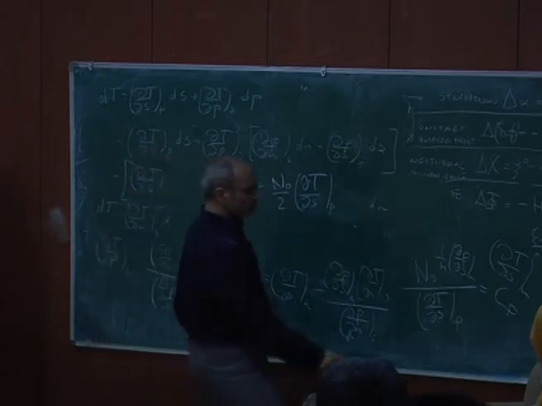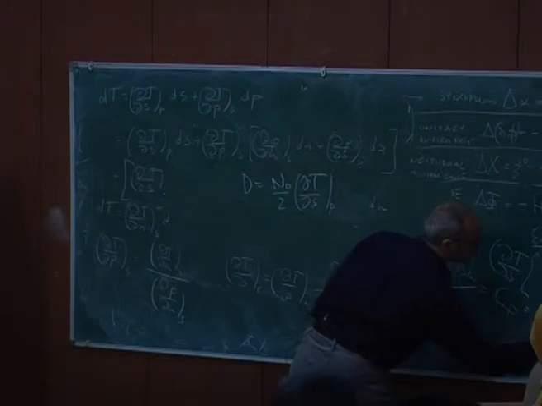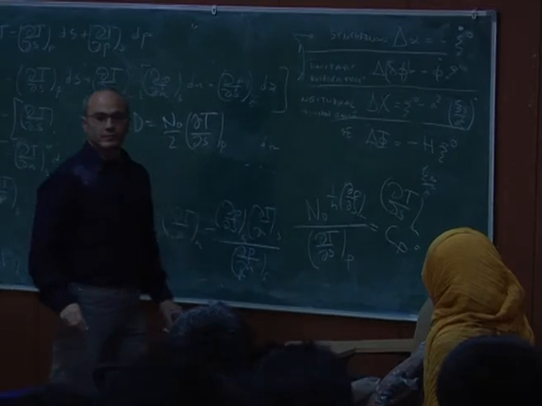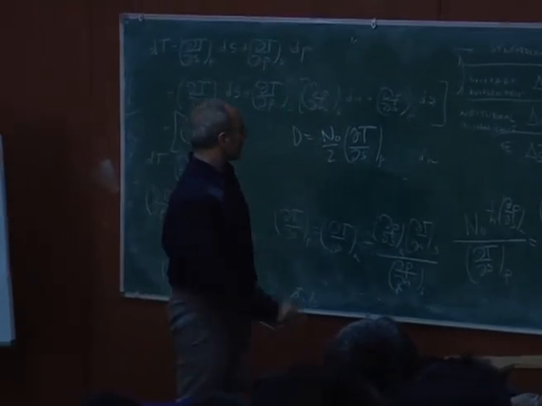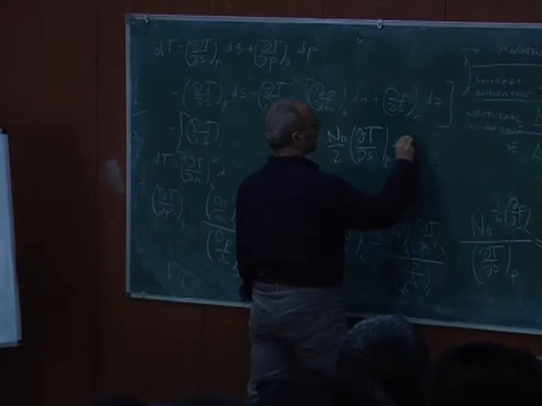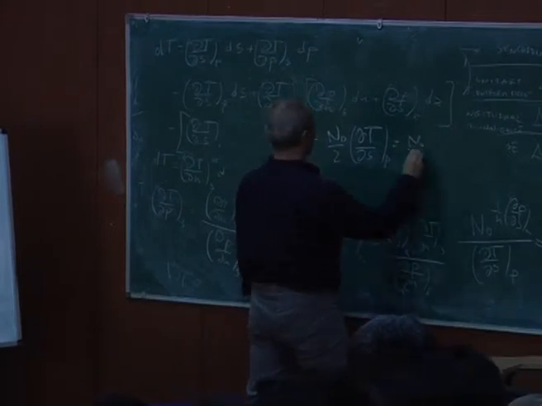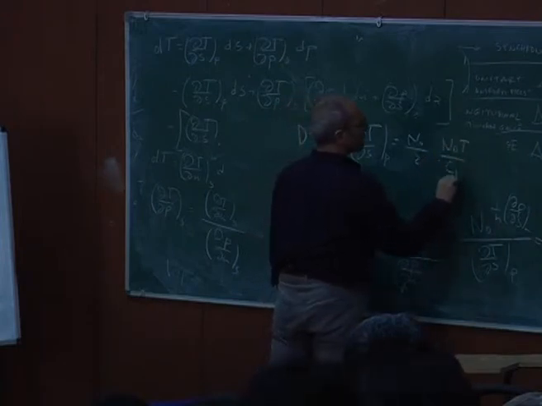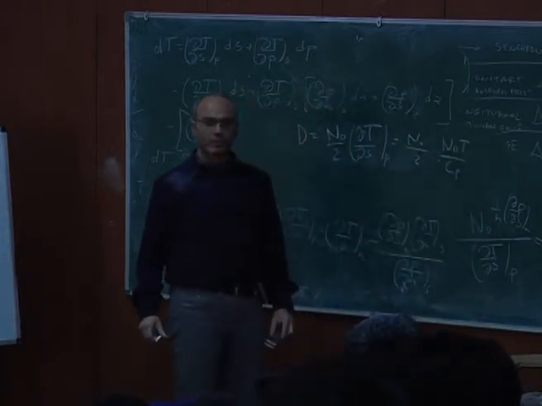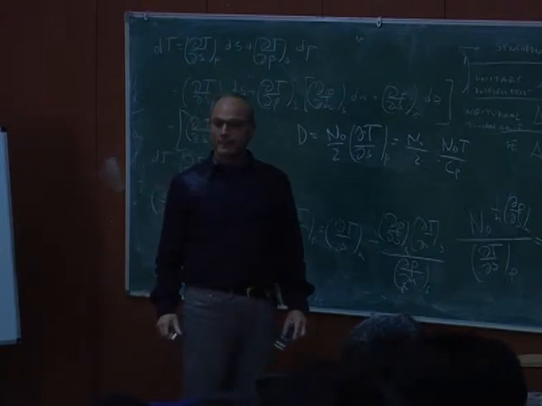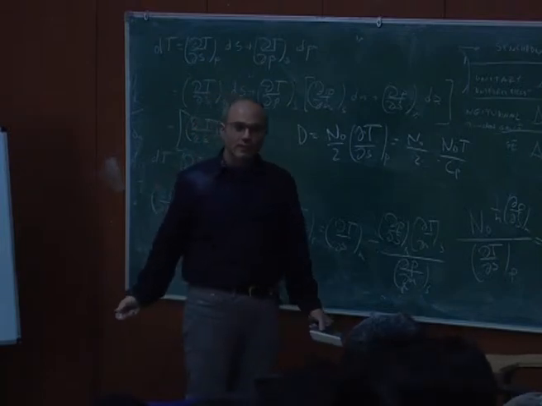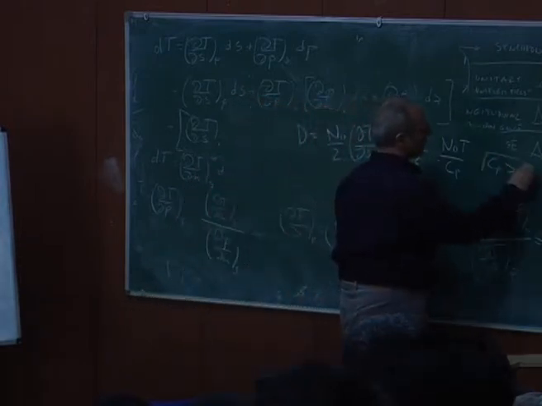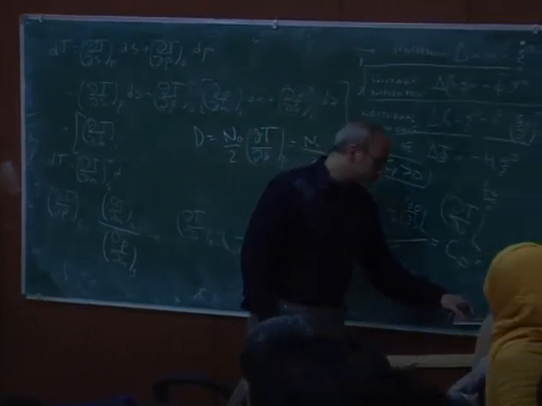Okay? This was n0T dT/dS at constant P. So this one is n0 divided by 2 times n0T divided by Cp. So T is positive. The no-ghost condition said Cp is positive.